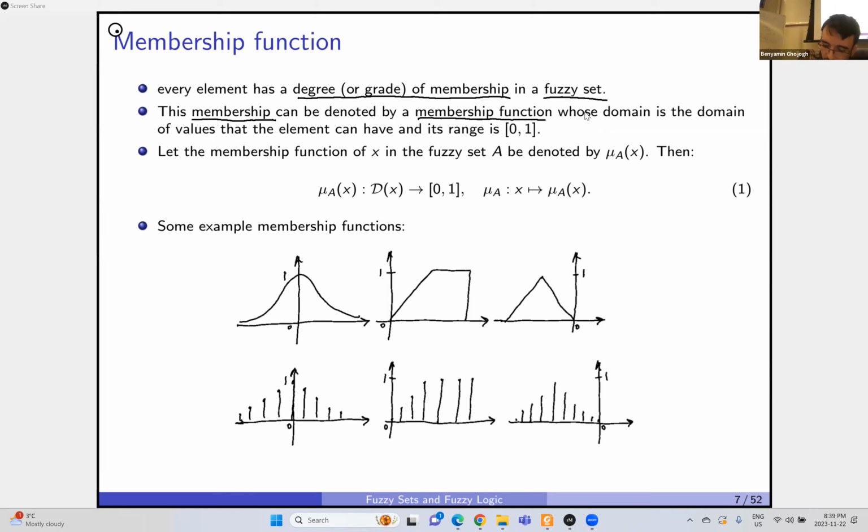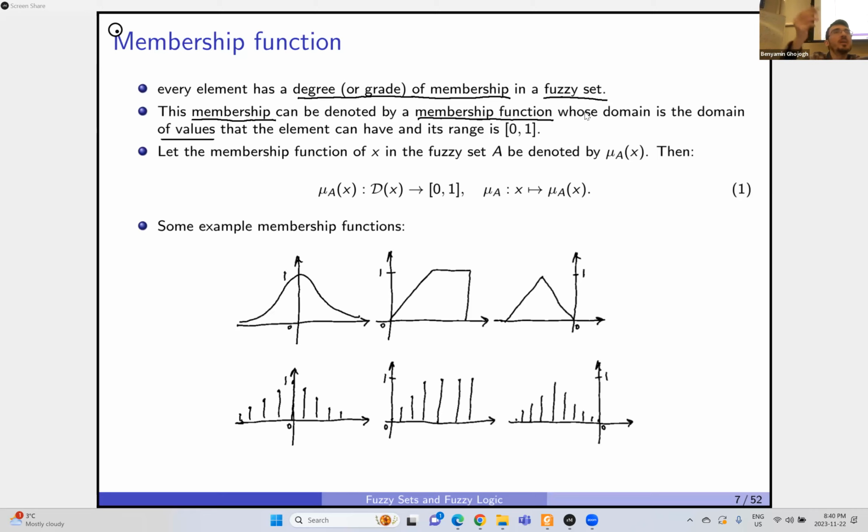It can be denoted by a membership function. I can denote it by a function whose domain is the domain of values that the element can have, and its range is between 0 and 1. Do you remember domain and range of a function? The domain is the values of input that it can get. The range is the values of output that it can get. So the output is between 0 and 1 because it's membership. Its input is the domain of its input, whatever it can be.